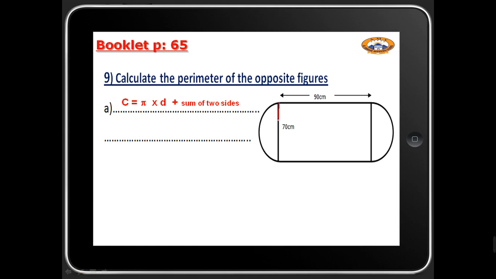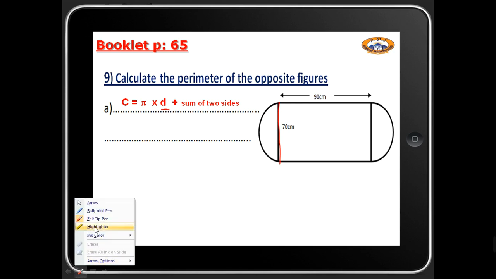You have here this side. This interior side is the diameter of the circle. So here is 70, so the diameter here is going to be 70 centimeter. So I can calculate the circumference of the circle, and after I calculate it, I'm going to add the 2 sides to get the perimeter of the whole shape.